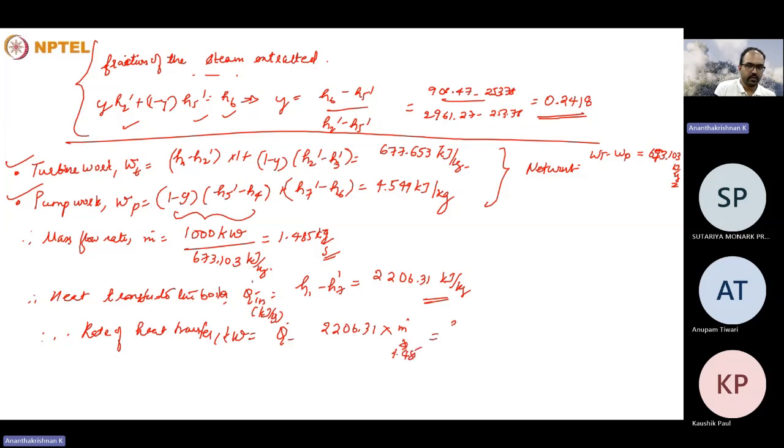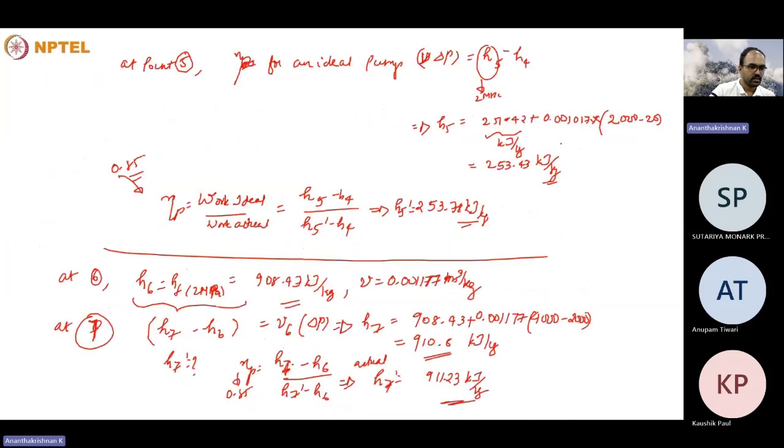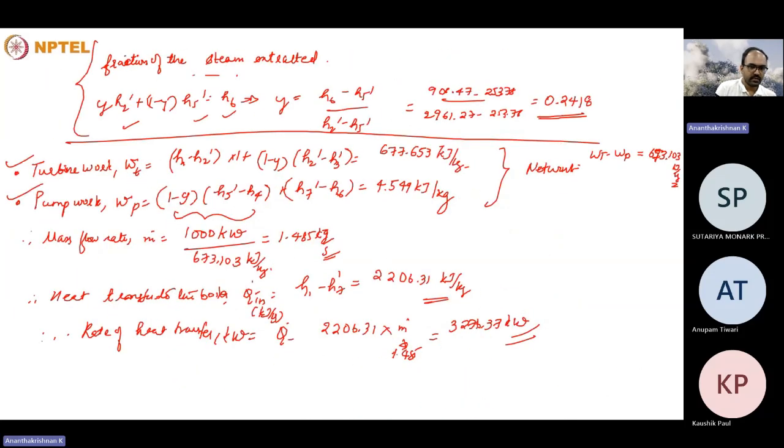So the value will be equal to 3276.37 kilowatt. So this is the rate of heat transfer in the boiler, the net boiler heat transfer, equal to 3276.37 kilowatt. And then similarly, we can calculate the rate of heat rejected.